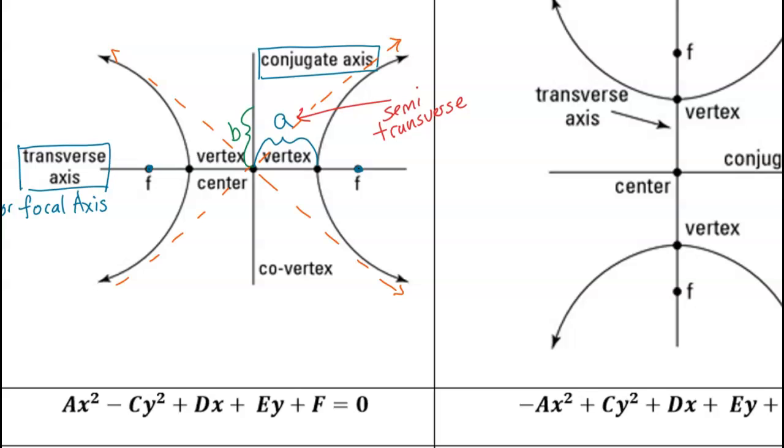If we were to draw a line that is perpendicular to our transverse axis, going through our vertex to our asymptotes, where this perpendicular line touches the asymptotes is the line that creates your B value.